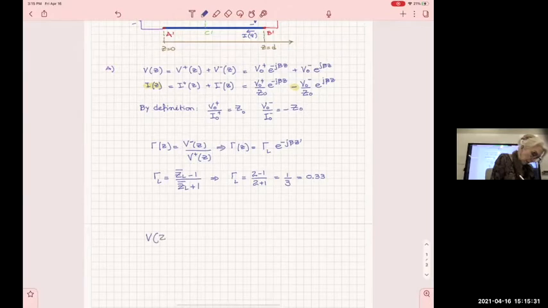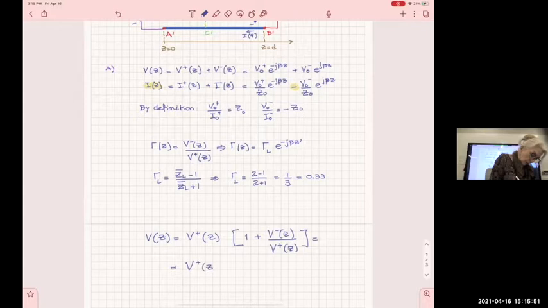I can rewrite V of Z as V plus of Z, and then it's 1 plus V minus of Z divided by V plus of Z. And that is going to give me what?